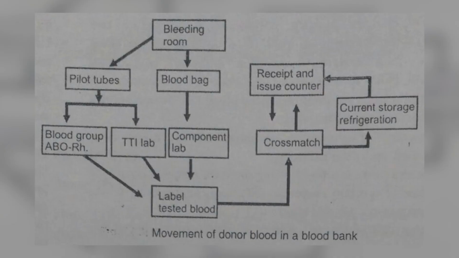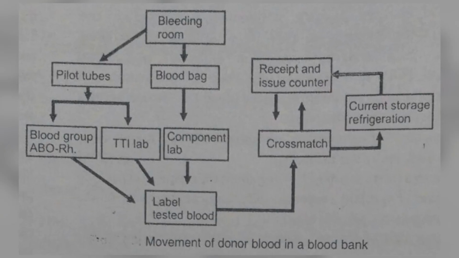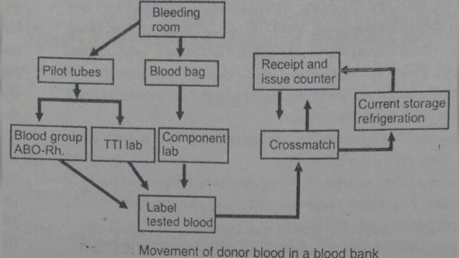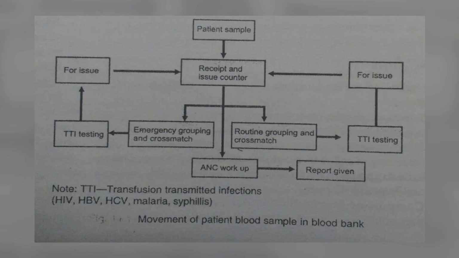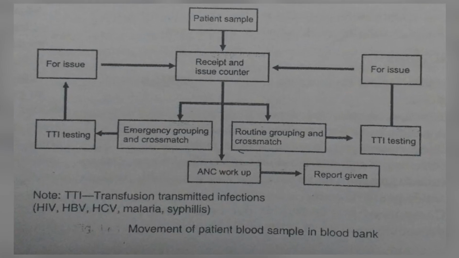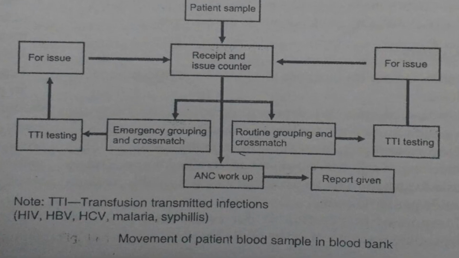So, we are showing you a diagrammatic representation of the flow of a blood bank, which you can see in the slide which is attached to this presentation. You can appreciate the flow of the services in a blood bank.